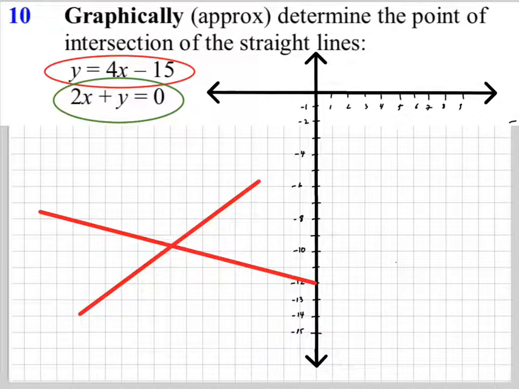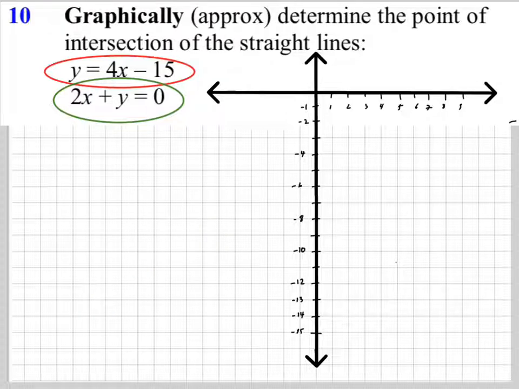To do that, first we need to sketch the graph, the quickest way possible. I'm going to do the first one in red: y is equal to 4x minus 15, and 2x plus y is equal to 0 in green, and then we'll find the intersection approximately.